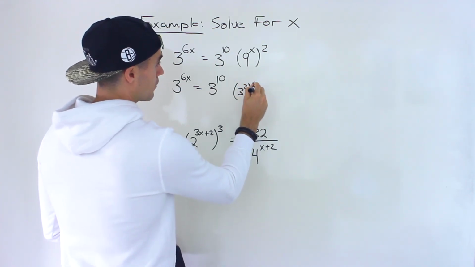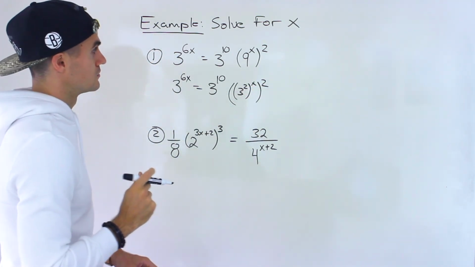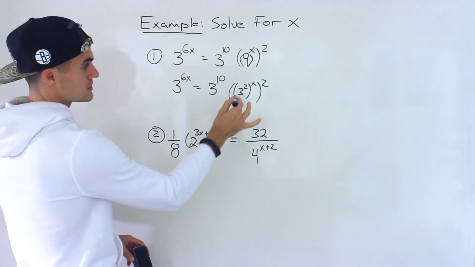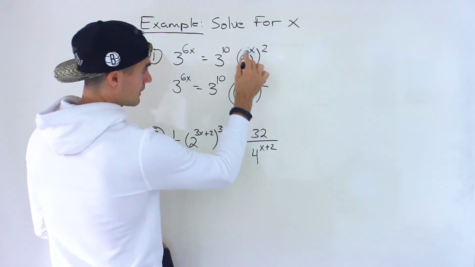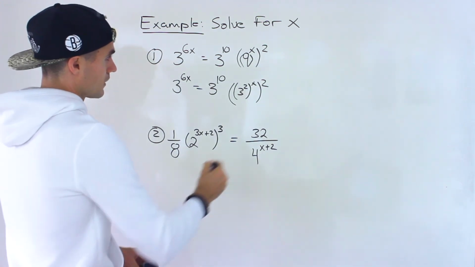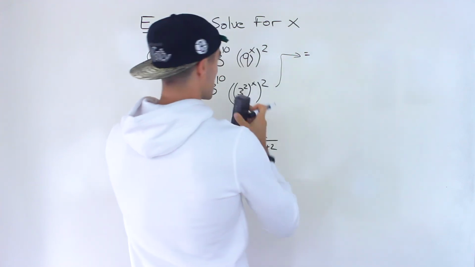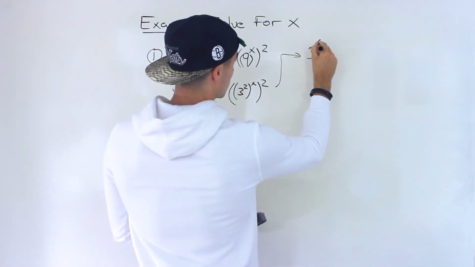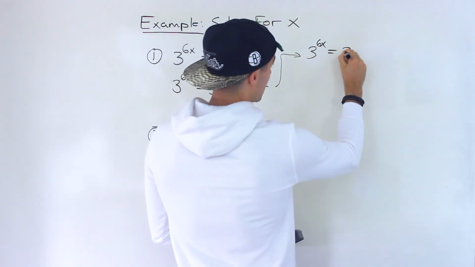That's still to the power of x, and that whole thing is still to the power of 2. Actually, no equal sign there. The equal sign is on the right side of this expression, so we'll have equals 3 to the power of 10.